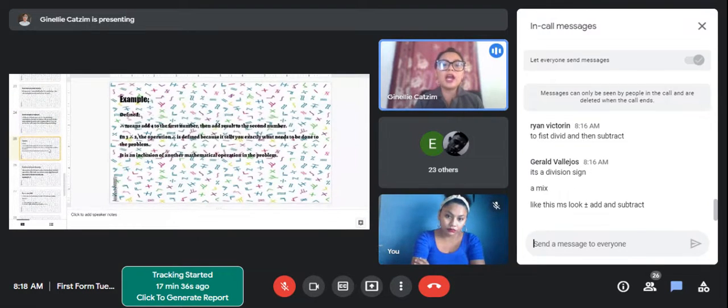Now, I have another example here. We have a little symbol there. I don't really know the name of it, but it means add 4 to the first number, then add the result to the second number. So do we see it is defined? Yes. Why? Because it is telling you exactly what needs to be done, and it is an inclusion of another mathematical operation in the problem.